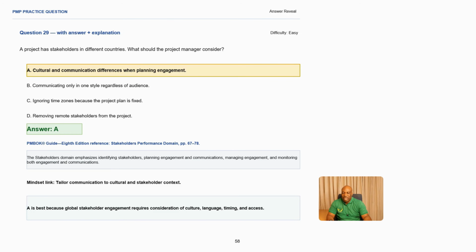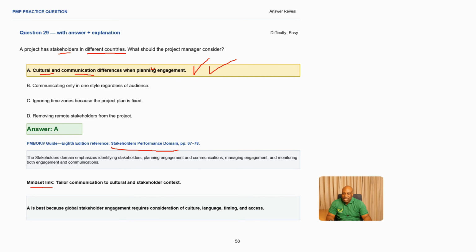In this scenario, A is the best answer. You need to consider cultural and communication differences when planning your engagement. Remember, these are stakeholders in different countries, so the cultures and also the communication have to differ. What is our reference here? Stakeholder performance domain, on page 67.